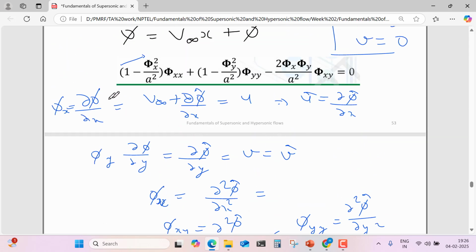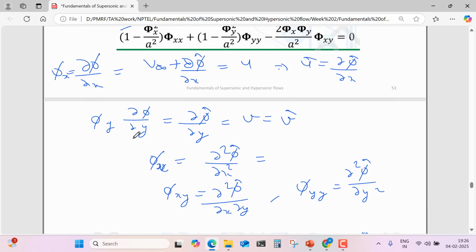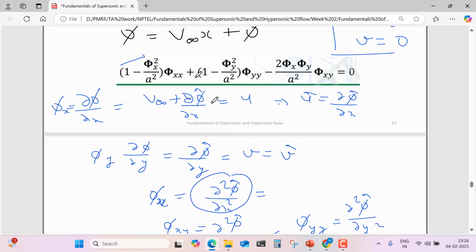So in place of phi xx, we have to substitute this dou 2 phi cap upon dou x square. We can multiply this whole equation by a square also.